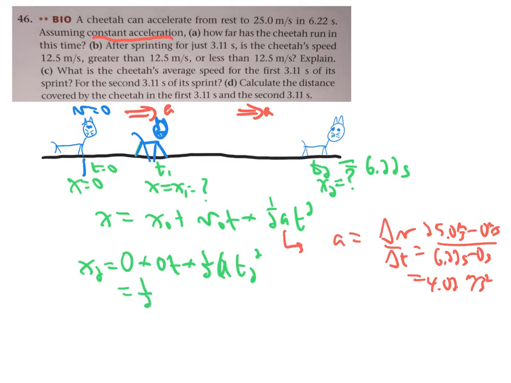So x2 would be 1/2 times the a times the time that was given, squared. This turns out to be 77.8 meters.